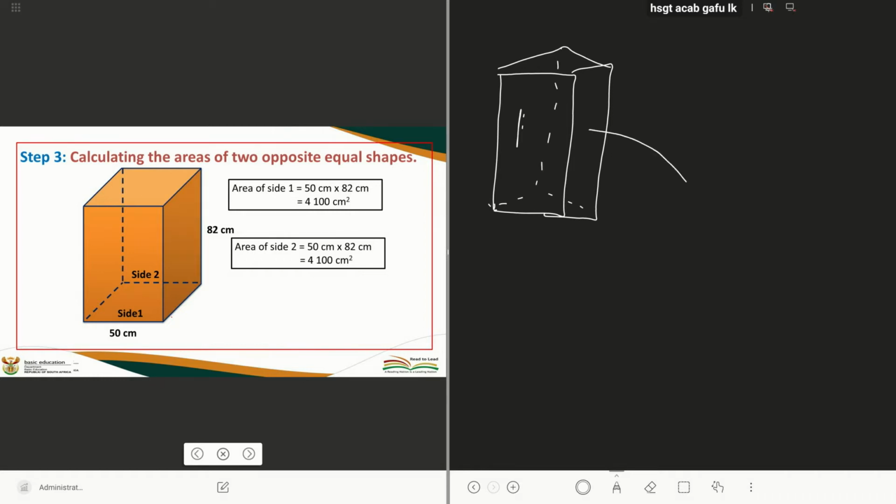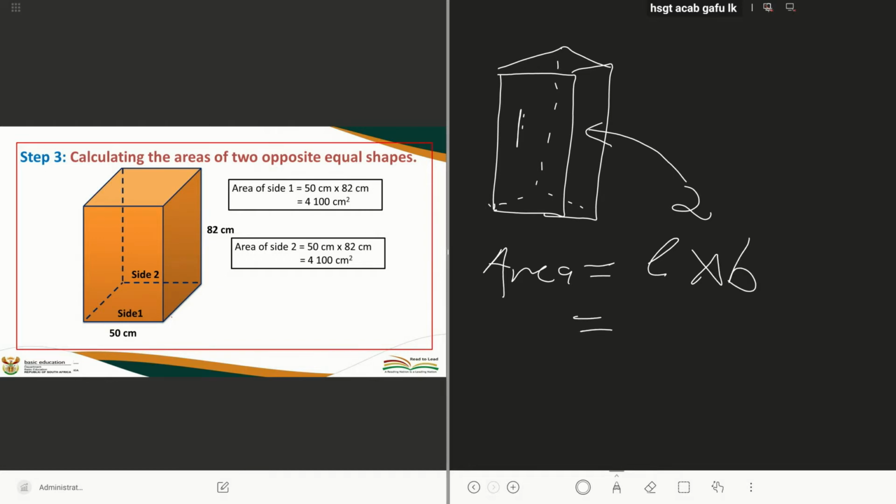And at the back, we had side number 2. So when we get to the area, the area of the first side is equal to length multiplied by breadth. Then they just substituted these values there. 50 multiplied by 82 is 4,100 centimeters squared.